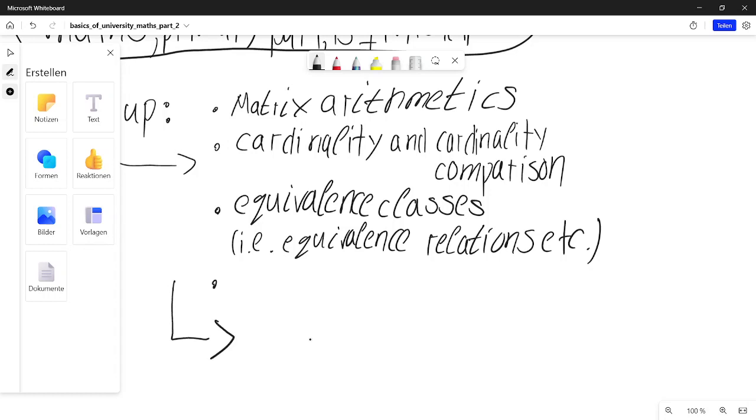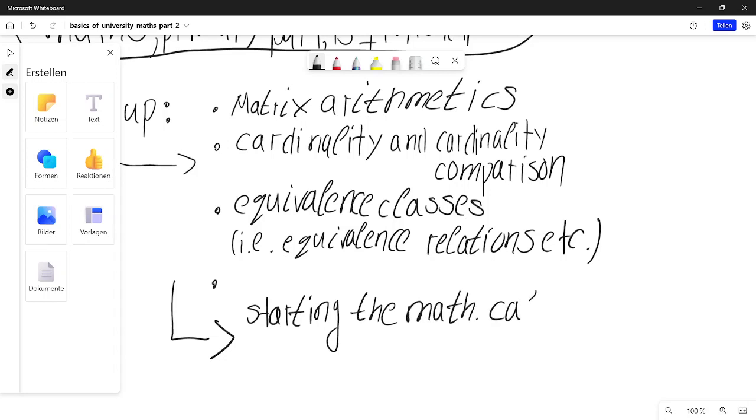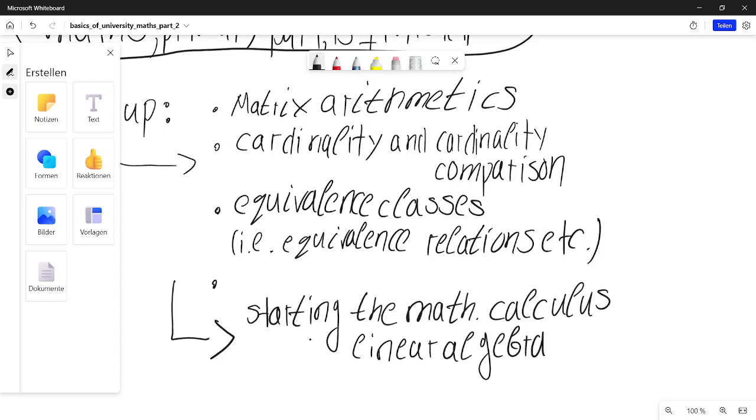So I guess from there already starting mathematical calculus, algebra. So yes, I think we should have that.